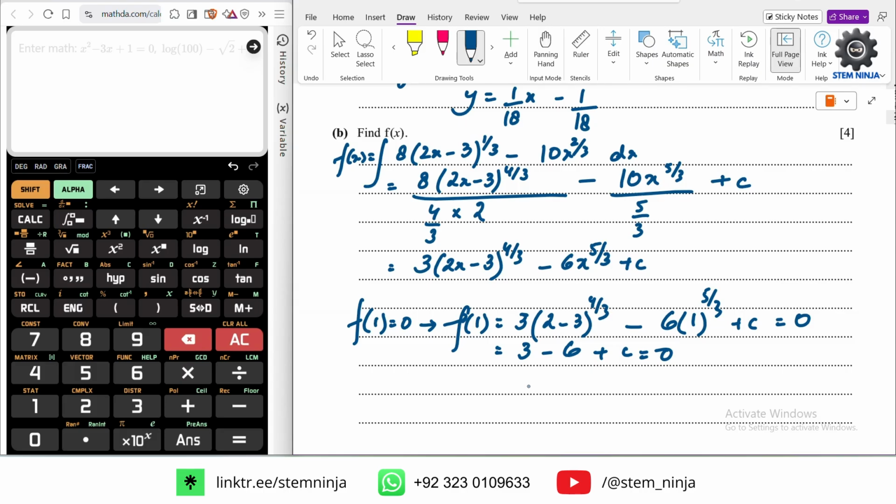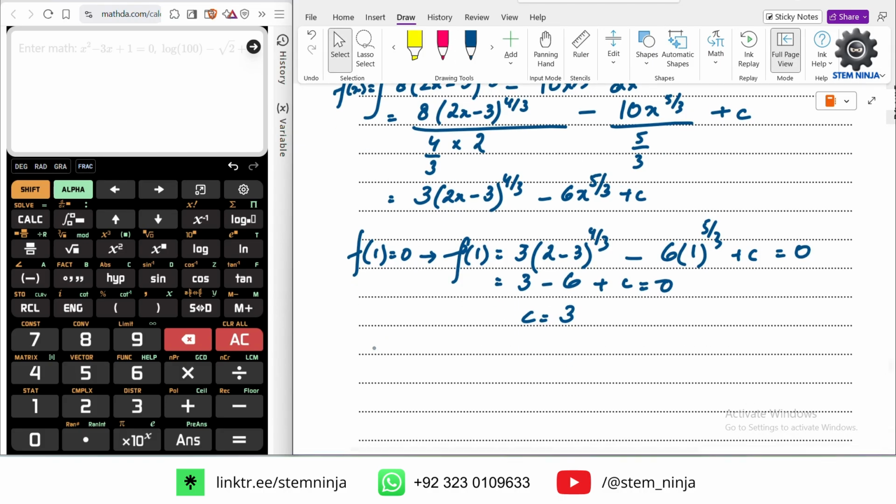So 3 − 6 + c is equal to 0, so c is 3. Right. Okay, so f of x would be 3(2x − 3)^(4/3) minus 6x^(5/3) plus 3.